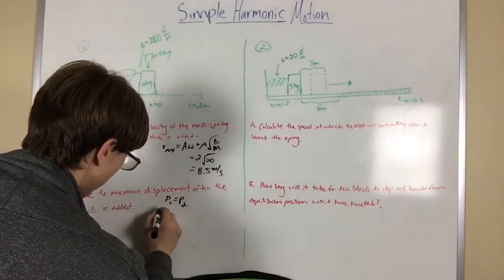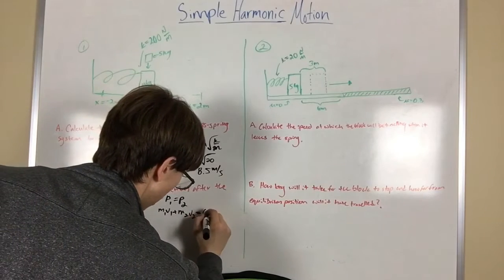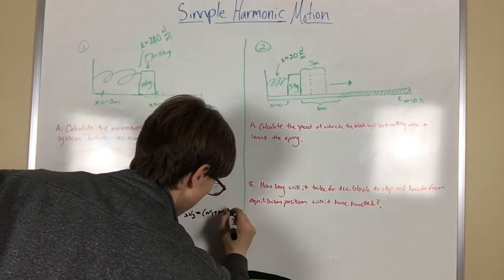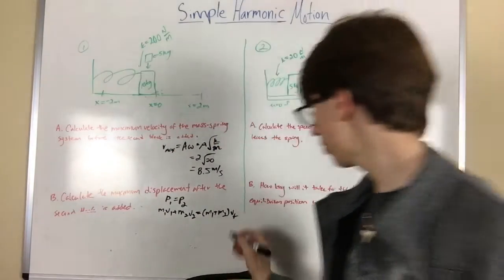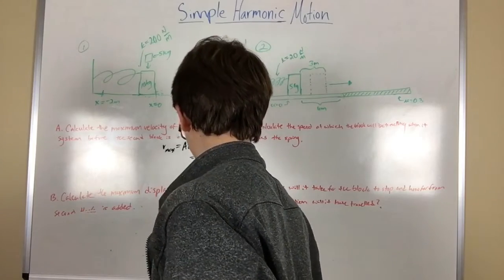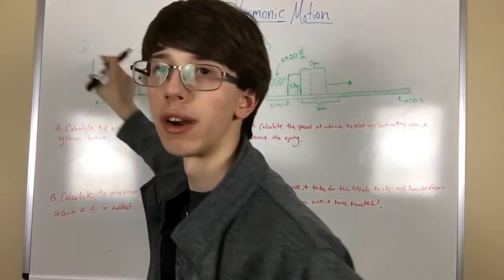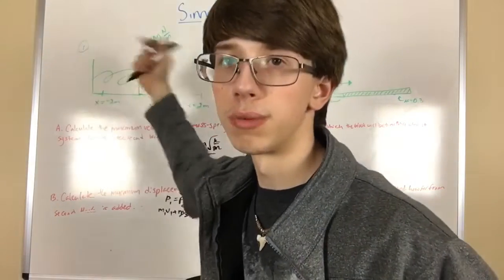And so therefore it's going to be M1 V1 plus M2 V2 is equal to M1 plus M2 times the final velocity. Okay? This is 15. This is 0 because the block is starting off at 0, right? The block is hovering over it and then it's dropped, so it's originally 0.